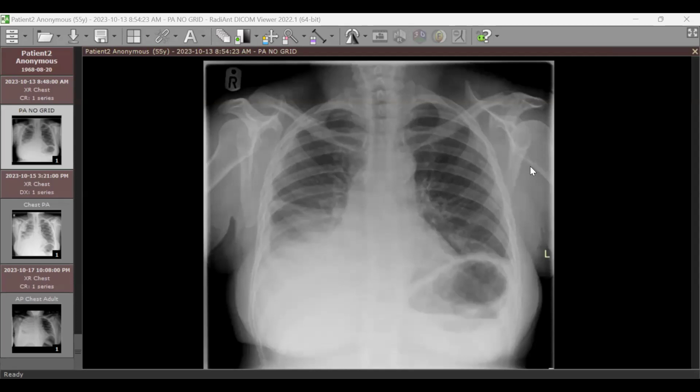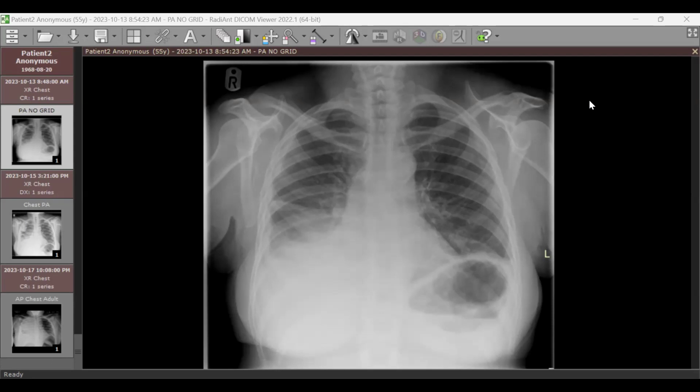It's an AP position chest X-ray. It shows an abnormal right-side opacity, including the lower zone of the right chest, with opacification of the right lower lung zone.